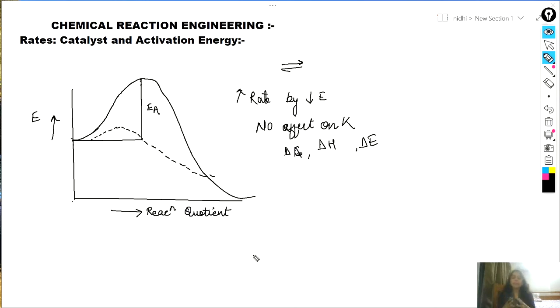What else a catalyst does not do is it does not change the overall energy, right?